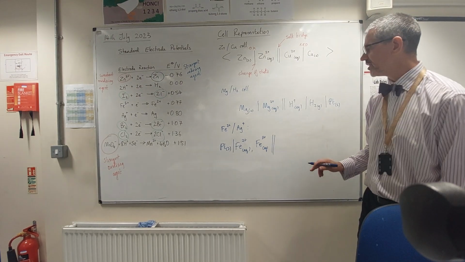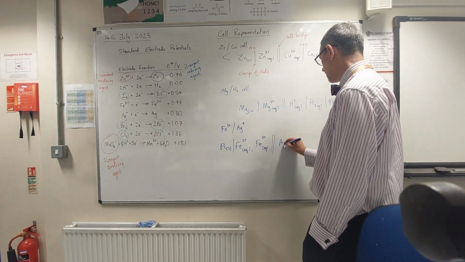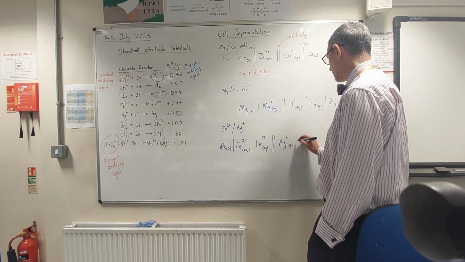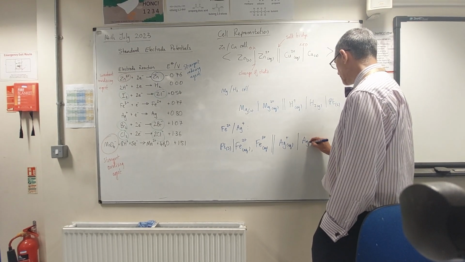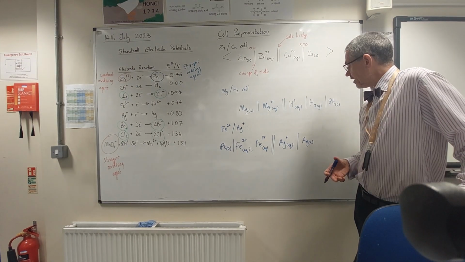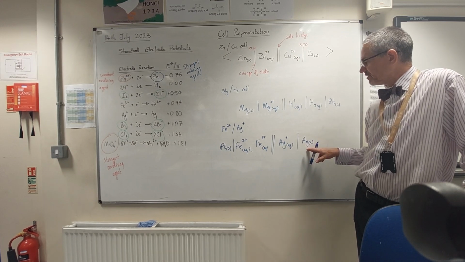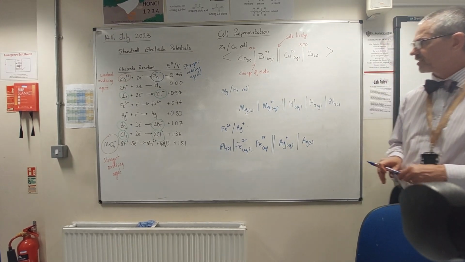Then we have our salt bridge, and now on the other side, silver plus aqueous ions are reducing to form silver metal. Silver metal, of course, can be used as an electrode. I can attach a wire straight to my piece of silver, so I don't need to have a platinum electrode there.